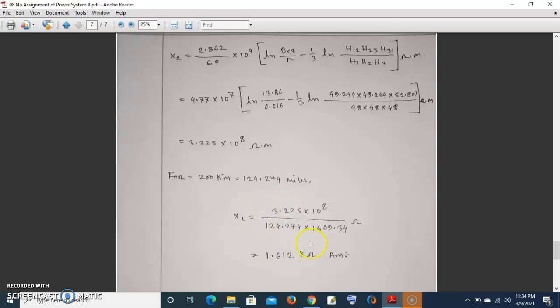After dividing we get the result 1612 ohm. After this result we divide by 1000, we get 1.612. Thus we write kilo ohm.